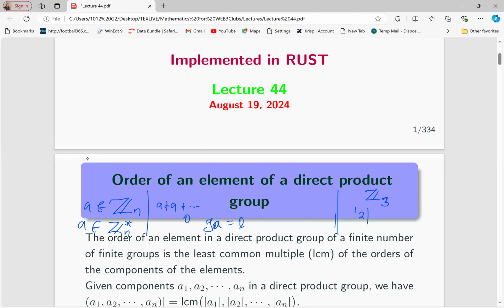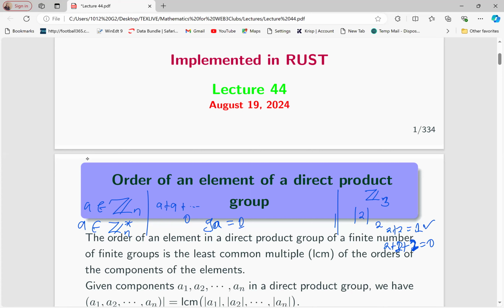How many times am I going to add 2 to get 0? 2 once will just be 2, and then 2 twice will be 1, and 2 three times gives me 0. 2 plus 2 plus 2 gives me 0, because 2 plus 2 is 4, but 4 mod 3 is 1.